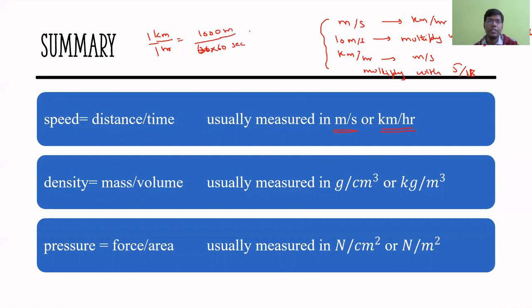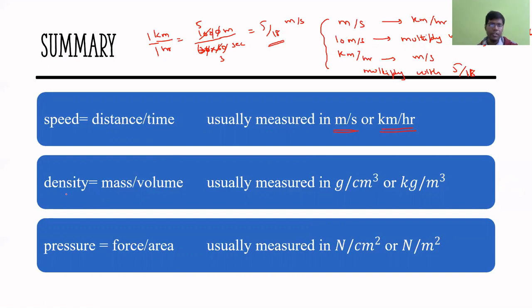If you cancel out the zeros, then you will be left with 5 by 18 meter per second. So basically 1 kilometer per hour is 5 by 18 meter per second. That's how we are getting this 5 by 18 factor. Similarly, if we convert meter per second to kilometer per hour, we will get 18 by 5 factor. So that's how you can directly use it. Otherwise, you can do the whole thing and get the answer. Either of them is fine.